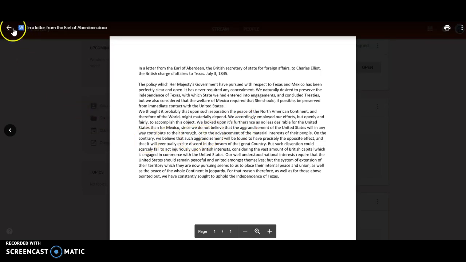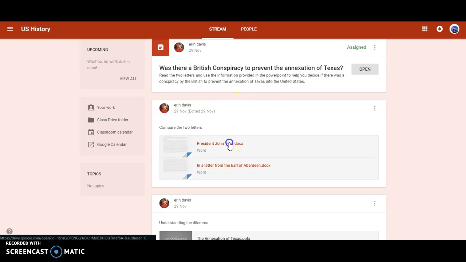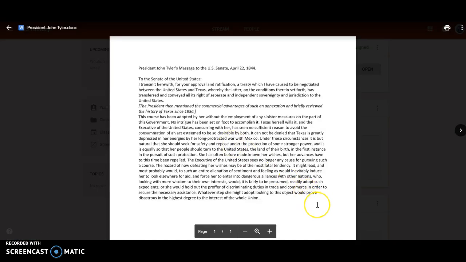And the letter from John Tyler to the Senate is also talking about why it's important for the United States to have Texas join them and what that is going to help protect. And there's a lot of concern about a war on 3 fronts.